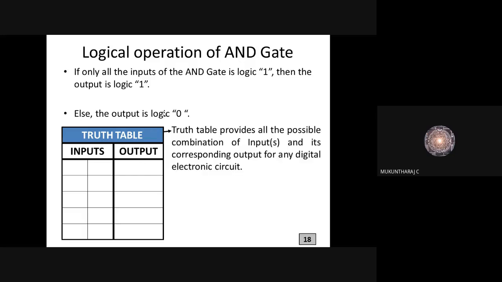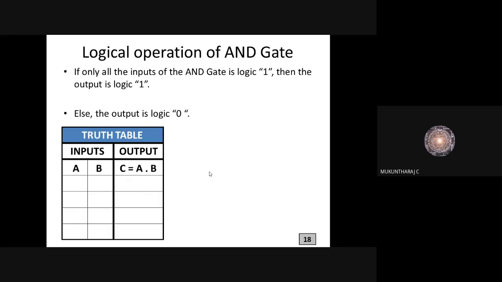The truth table provides all the possible combinations of inputs and the corresponding output for any digital electronic circuit. Not only for logic gates, it also includes digital circuits. So here we are going to see the logical operation of AND gate.